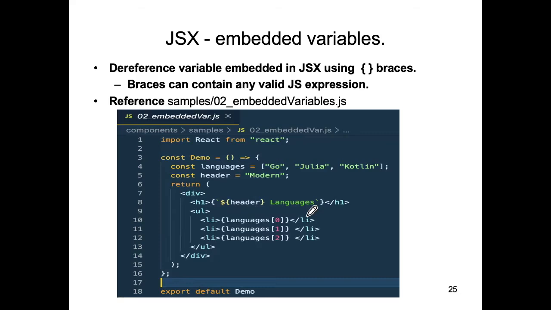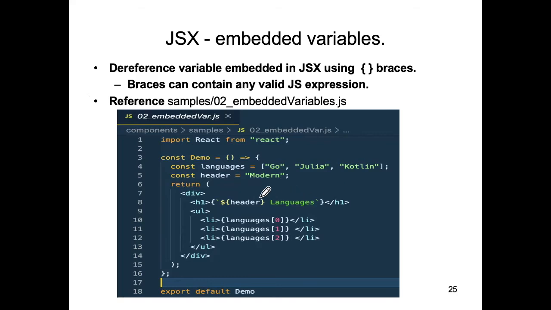A slight indication of the power of this embedding is illustrated here. Here I'm constructing a string template. You might remember string templates from JavaScript, but that's what's going on here.